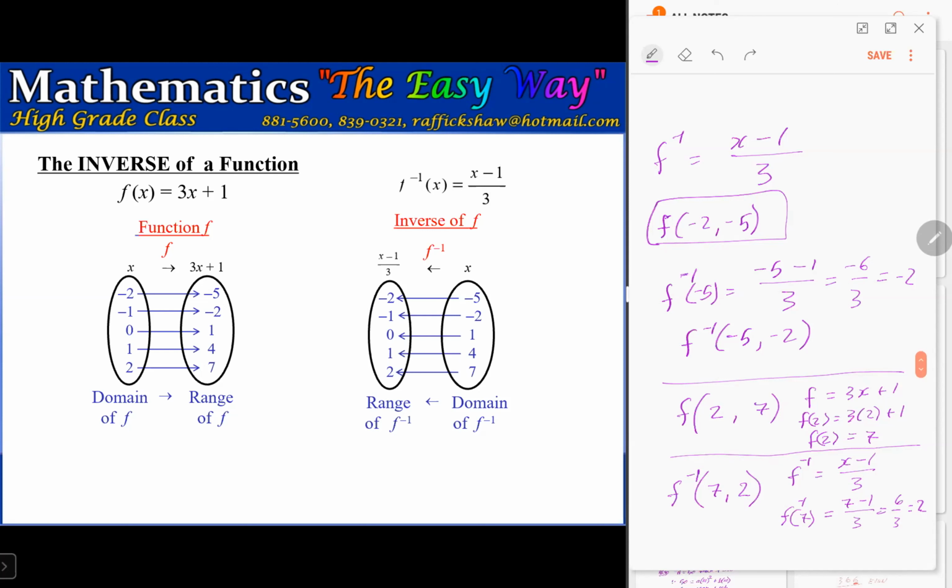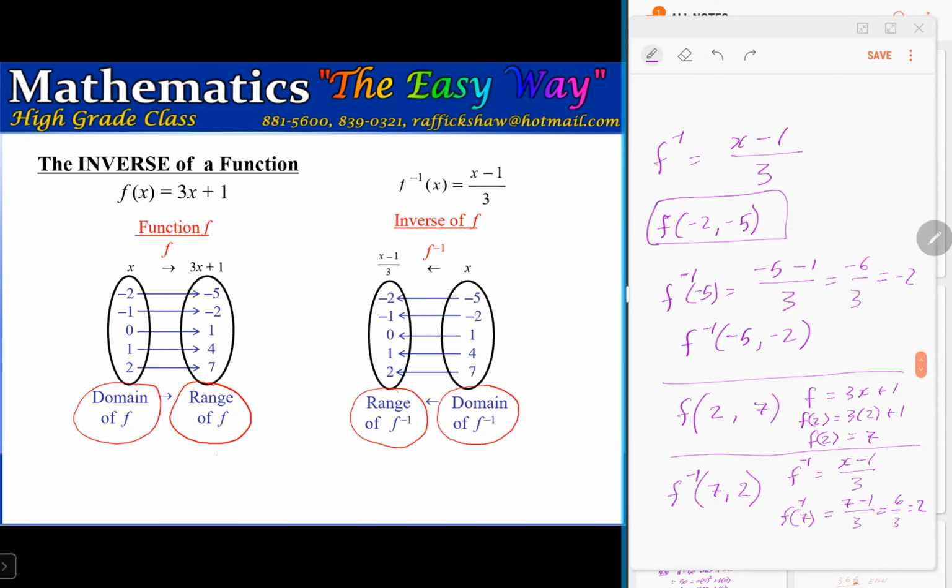So the inverse is a formula that maps the original range values back to the domain values. And I want you to note something now. The range of f is now the domain of f to the minus 1. Same set of values. And the domain of f is the range of f to the minus 1.